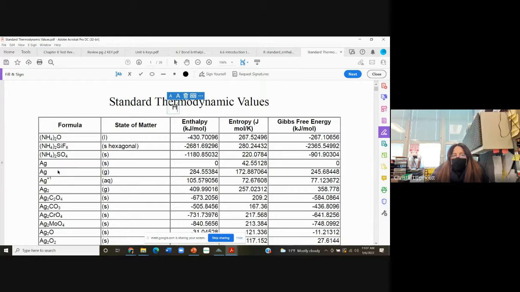Notice on your chart that these vary by what state of matter or if it is aqueous or not. So you need to be paying attention to your reaction and the state of matter of that reaction.